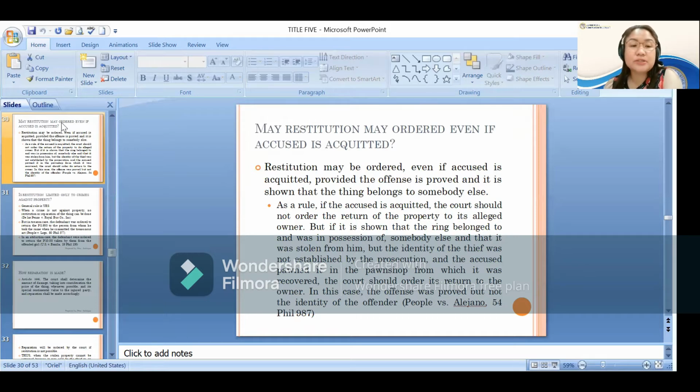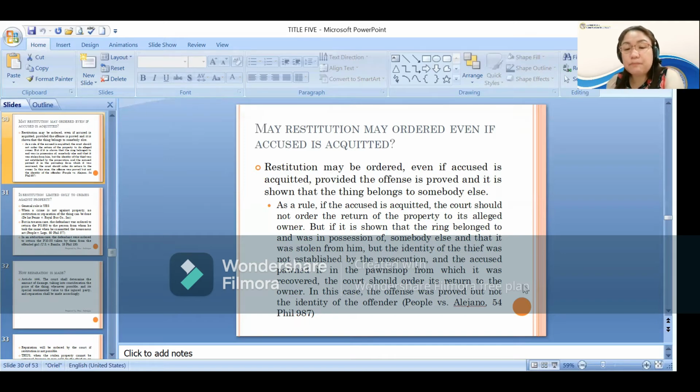In fact, under certain circumstances, that lawful owner may either file a separate civil action for the recovery of possession, or maybe the court would be so lenient as to allow him to intervene in the criminal action, proving that the same lawfully belongs to him.